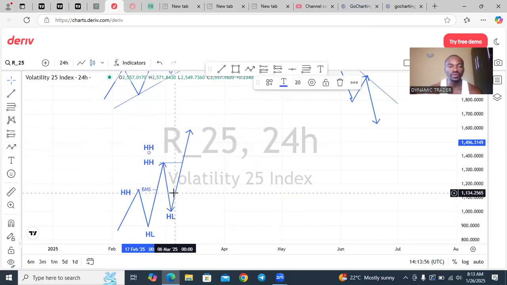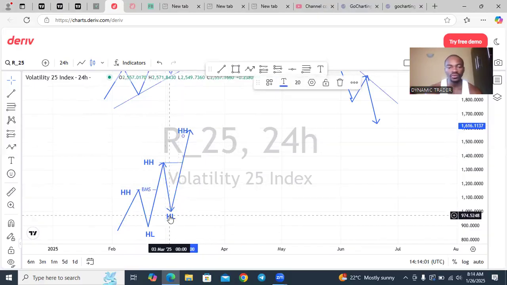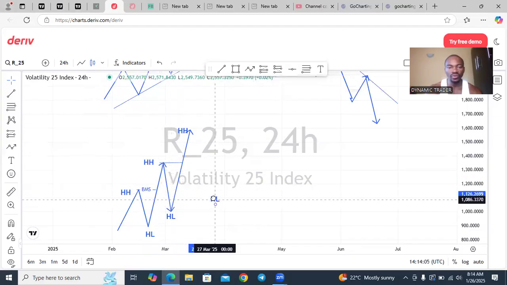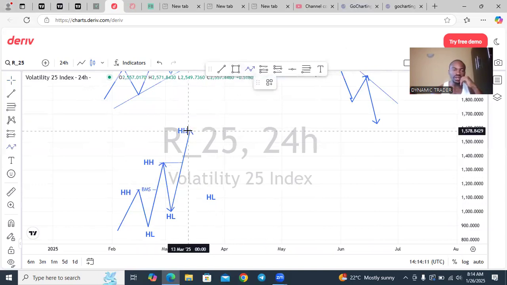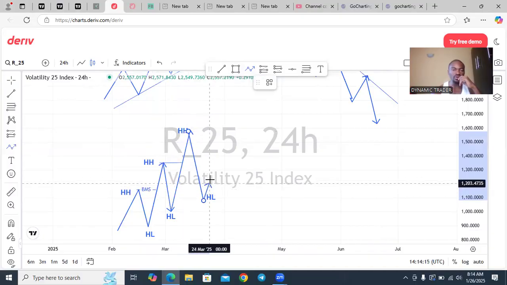Higher high, then higher low. Now let me fix that one. This is a higher high because it broke above this previous structure, then higher low.